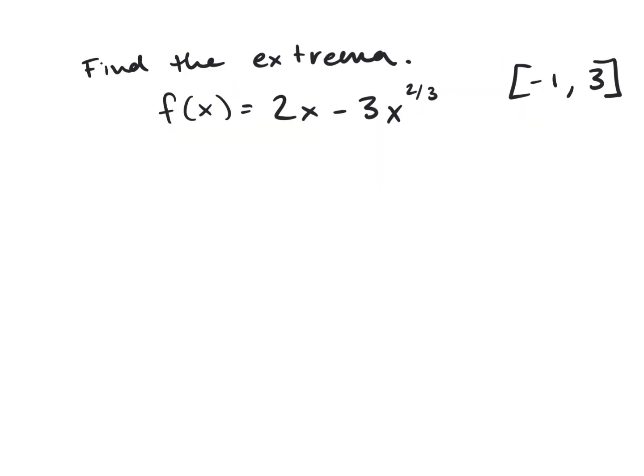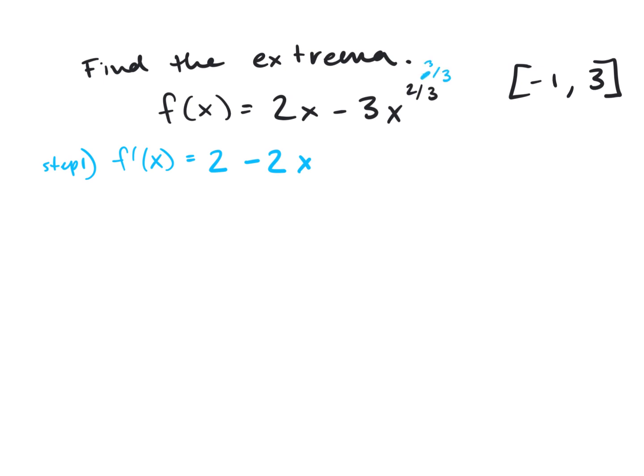Awesome. We want to find the derivative to help us with our critical numbers. So step 1, we want to find our derivative. What's the derivative of 2x? 2. What's the derivative of -3x to the 2/3 power? What's -3 times 2/3? -2, so -2 x to the, when we subtract 1, we'd subtract 3 over 3.